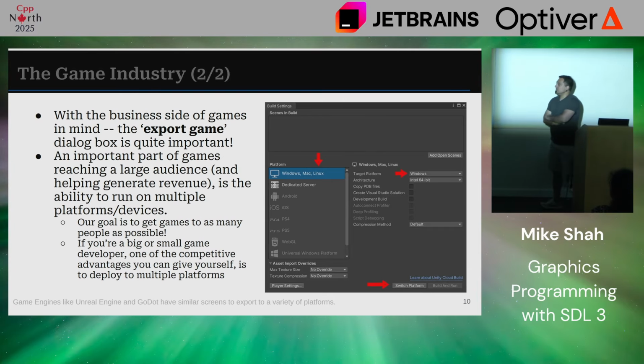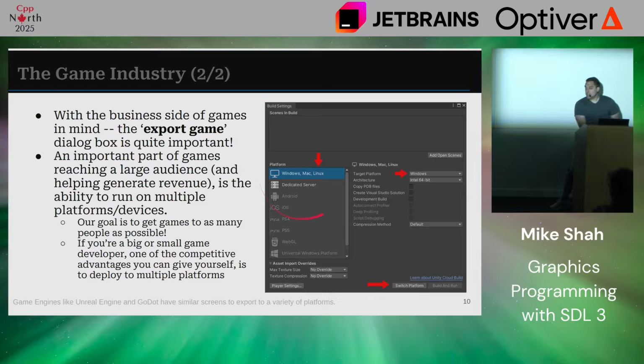But one of the things about the industry that I think is interesting, if you are a developer, whether large or small, and why I bring up this figure of it growing is, how do you ultimately, when you make a game, get that game to your audience? This is a screenshot of the Unity 3D game engine. There's Unreal, there's custom engines, but many of them have this sort of screen that's interesting.